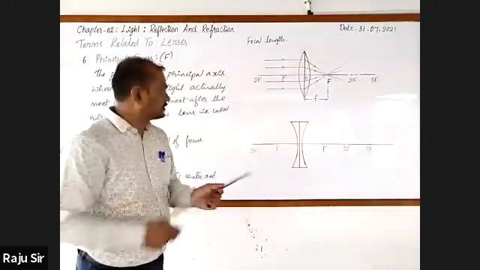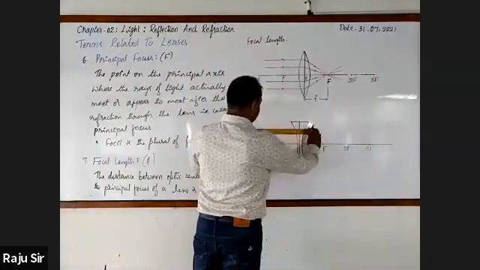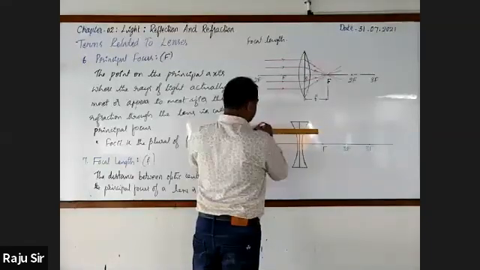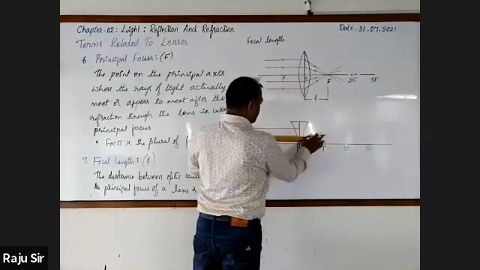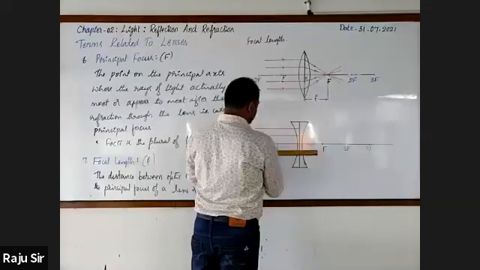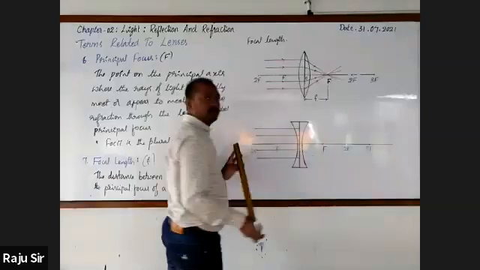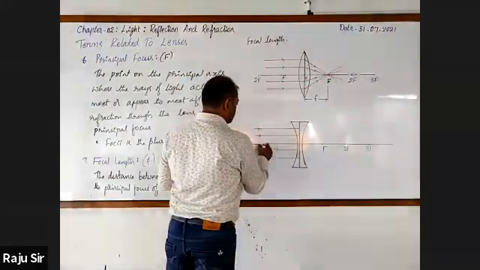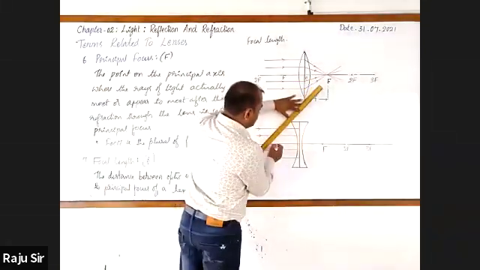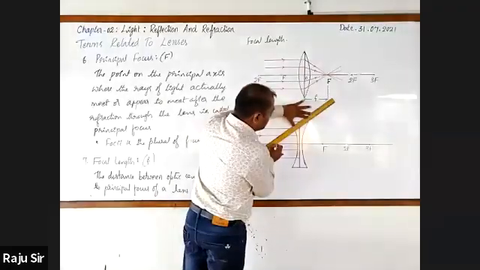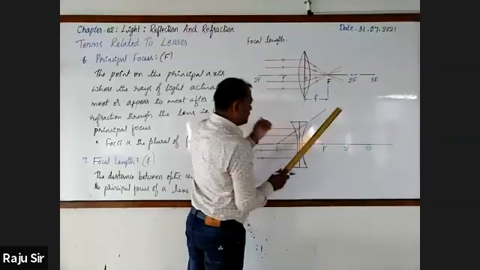Now let me show the rays of light. The rays of light coming from the object incident on the lens parallel to the principal axis should be shown. Show the direction as well. These rays get refracted and the refracted rays are extended on the same side of the object.